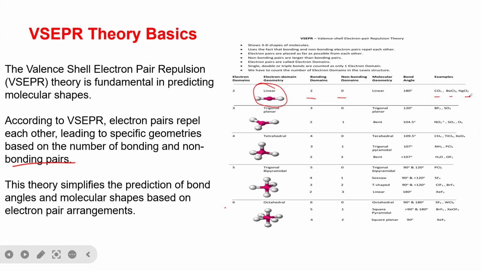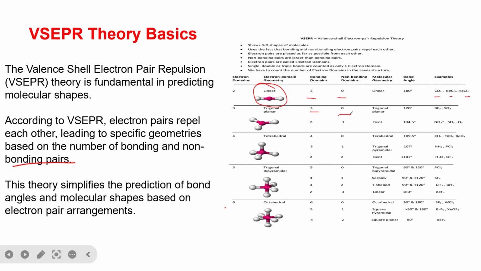And then we have trigonal planar, that is the molecules that have three sides. We can see clearly here, this trigonal planar has 3 bonding pairs and 0 non-bonding domain.